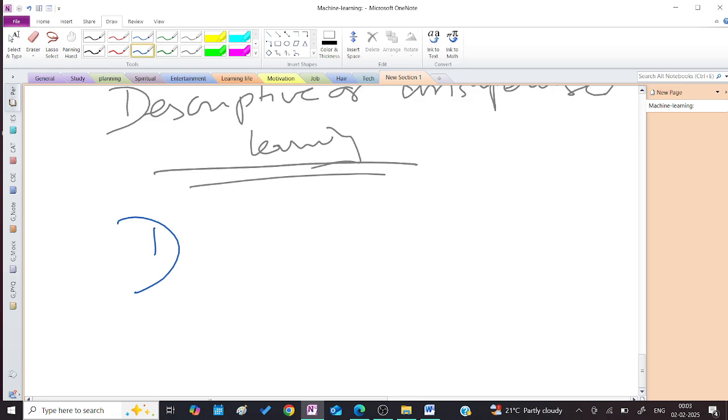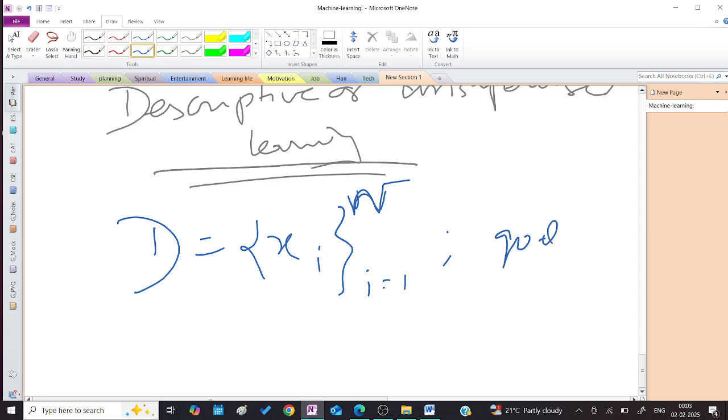So our data set is only the inputs, where i can be 1 to N. And our goal is to find some type of patterns or some type of category.